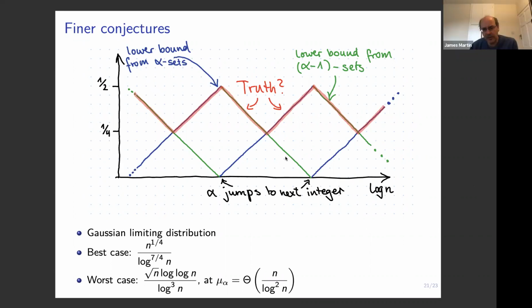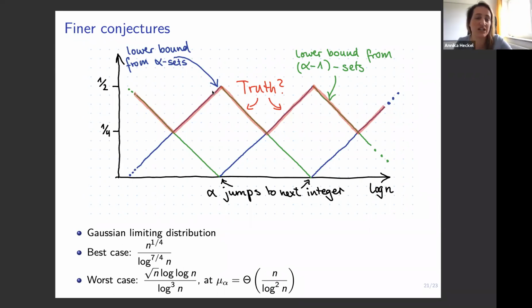So below that threshold, what's the picture of how much these independent alpha sets overlap? Does the typical one overlap with any of the others? If you have fewer than root n alpha sets, then with high probability they don't overlap. Here, some of them overlap. Some overlap in one vertex, but typically not more than that, and only a few of them.